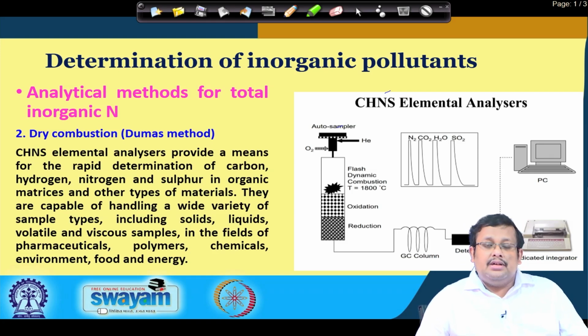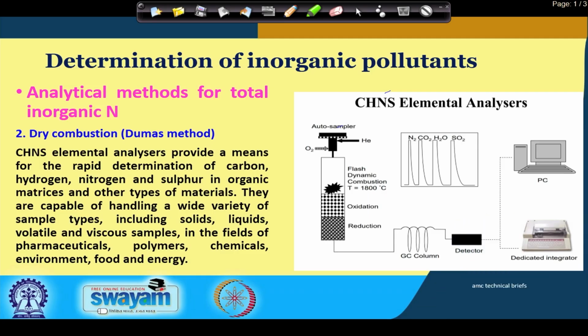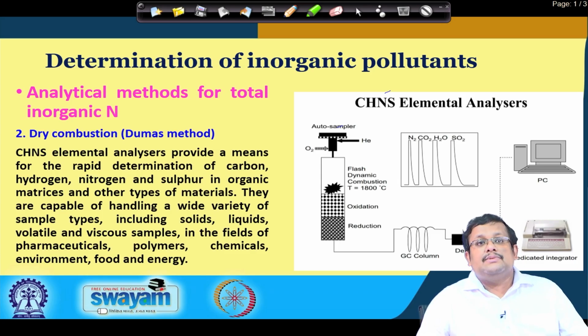Now, the instrument which we generally use for this dry combustion is known as CHNS analyzer or elemental analyzers. CHNS stands for carbon, hydrogen, nitrogen and sulfur elemental analyzers. This is a very sophisticated and accurate instrument.